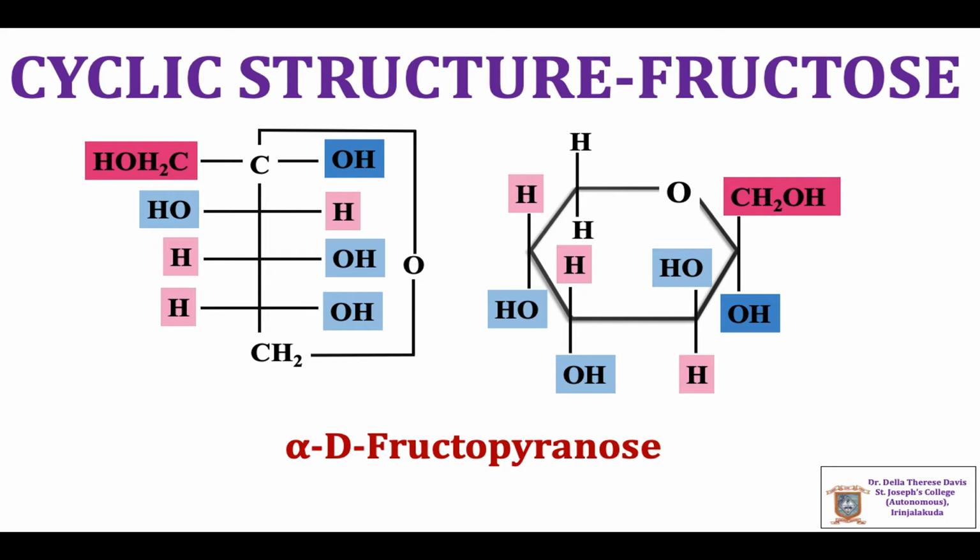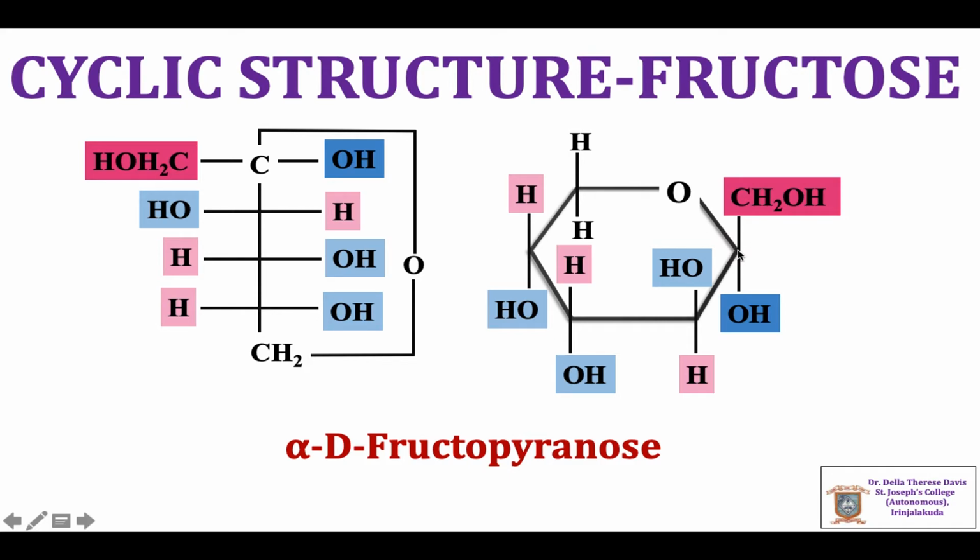Next is the cyclic structure of fructose. In fructose, the carbonyl group is at carbon number 2, and this carbon forms hemiketal with the OH group of carbon number 6. The structure of alpha D-fructopyranose is shown here.